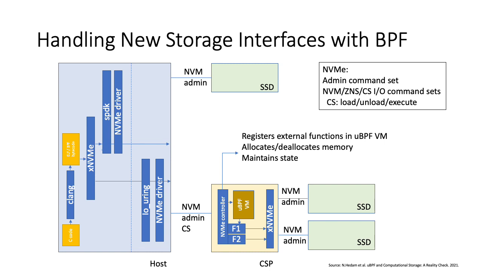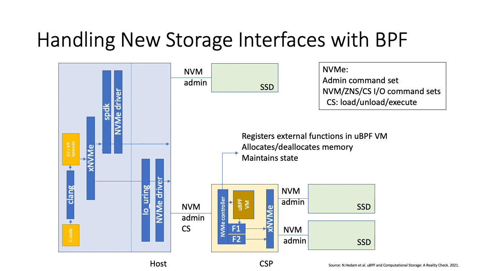On the host, C code is transformed into BPF bytecode using Clang. xNVMe is used, say, on top of SPDK to load BPF code onto the computational storage processor. This computational storage processor is equipped with an NVMe controller and a set of functions which access the underlying SSDs, say, through xNVMe.